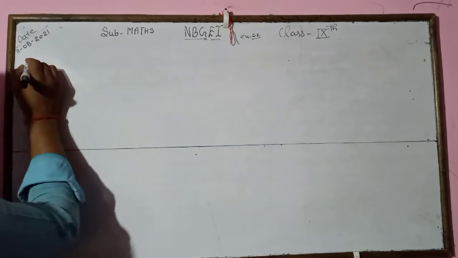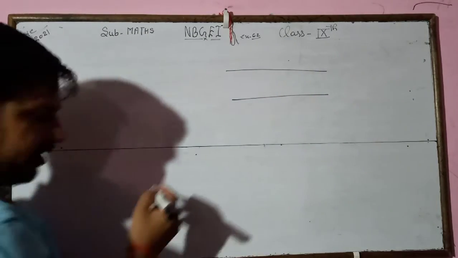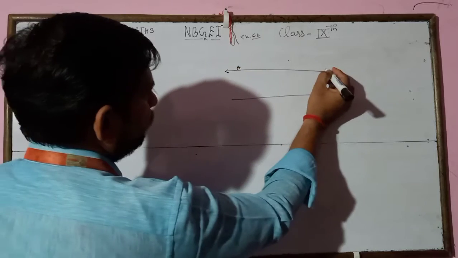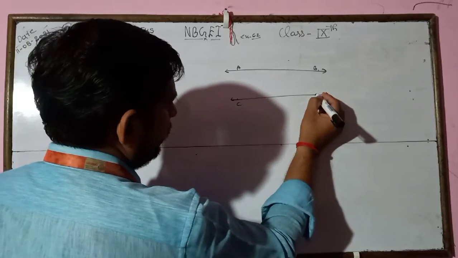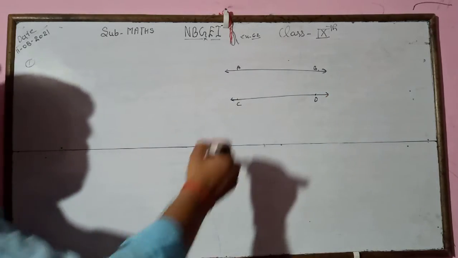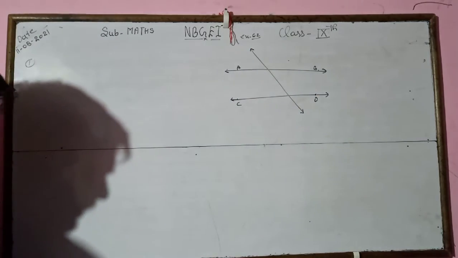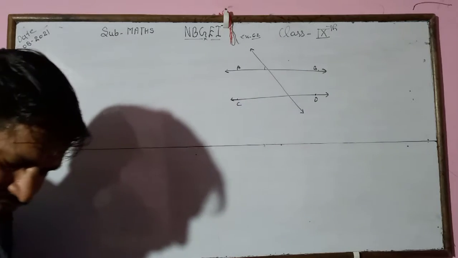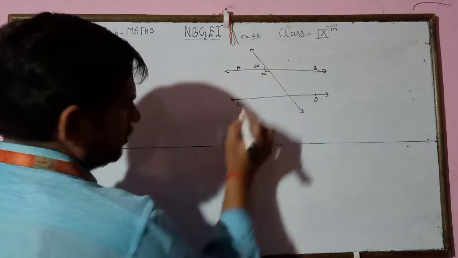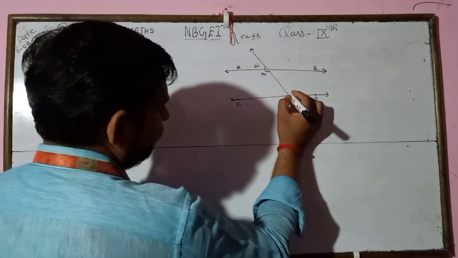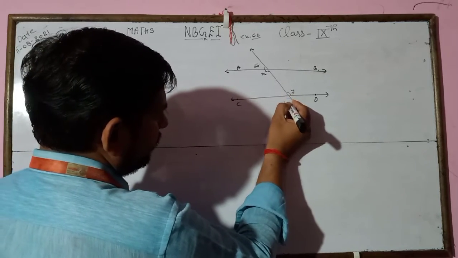Suppose these two lines are given, named AB and CD, and a transversal line is given. One angle is given as 50 degrees, this one is x, this one is y, and the other angle is given as 130 degrees.